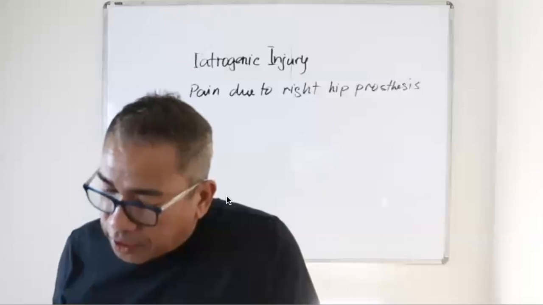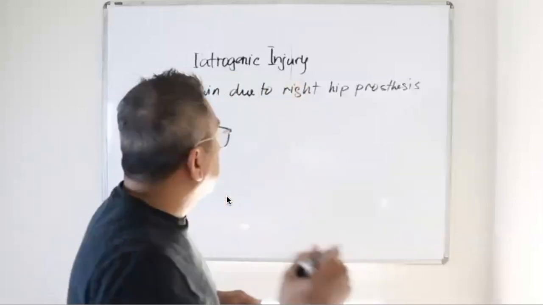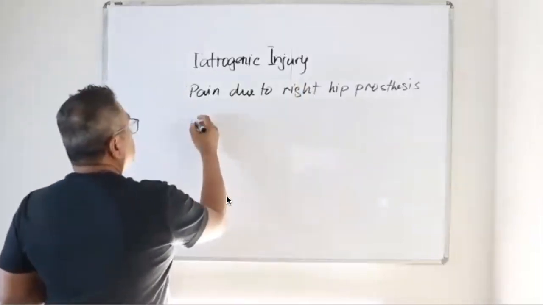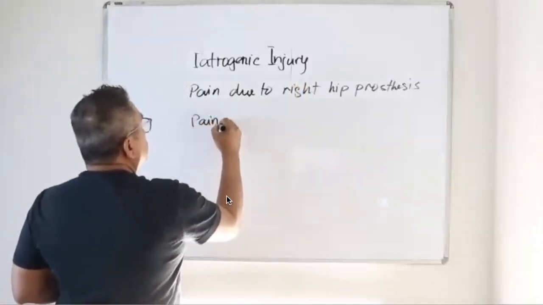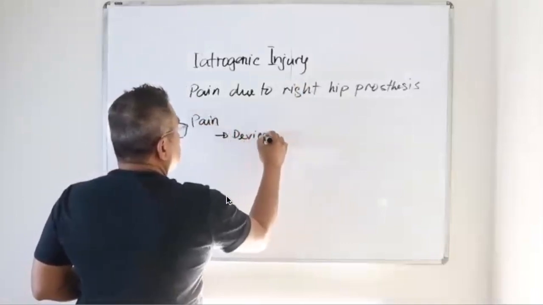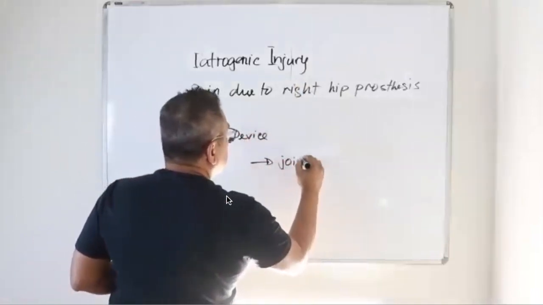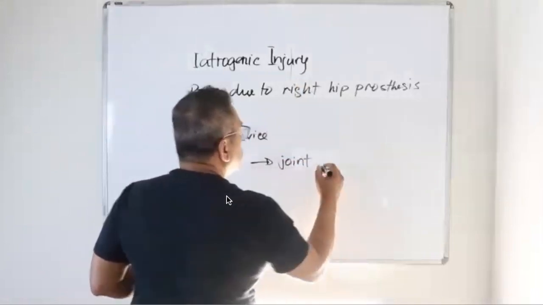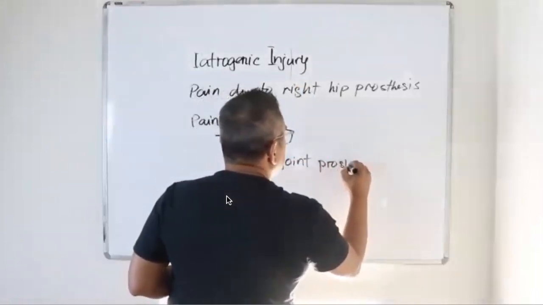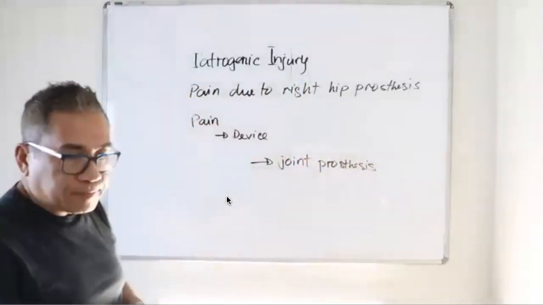So what you're going to do is go to pain in the book, and then go to device, and go to joint prosthesis. And tell me, guys, what code do you see when you go like this?